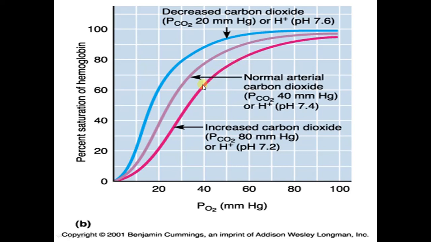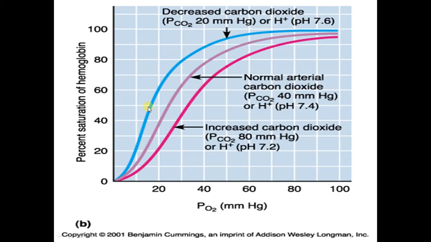Right side shift of the curve means more dissociation of oxygen from the hemoglobin, or the binding affinity between the two variables, that is oxygen and hemoglobin, is less. And this blue curve shows a leftward shift of the curve, and leftward shift means that less oxygen is dissociated from the hemoglobin, or the binding affinity between oxygen and hemoglobin is more.